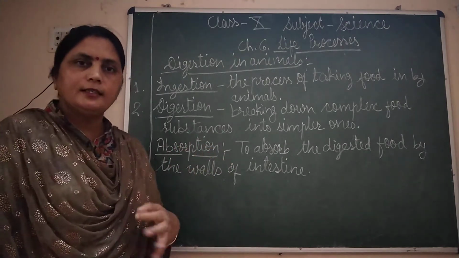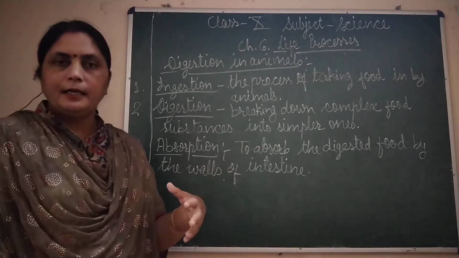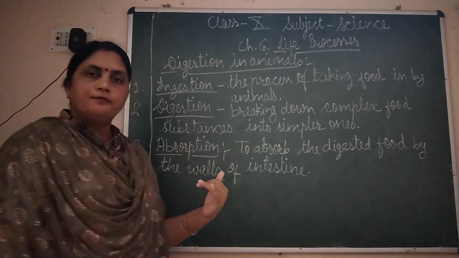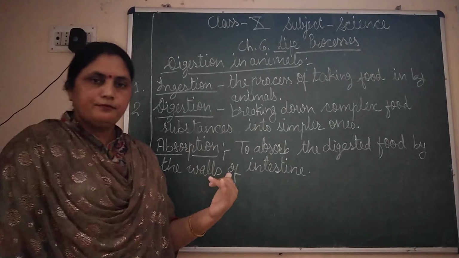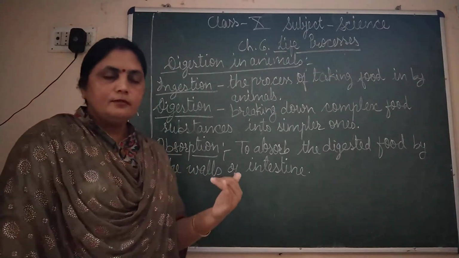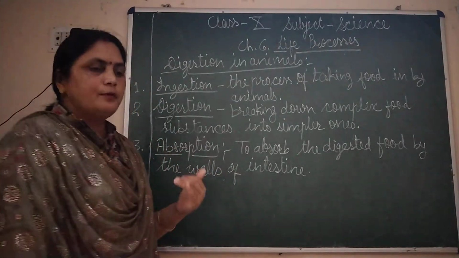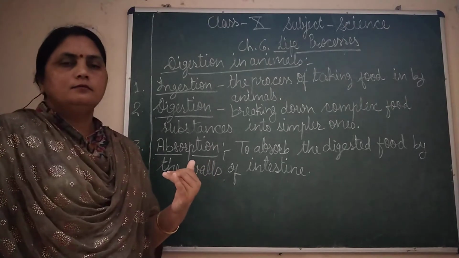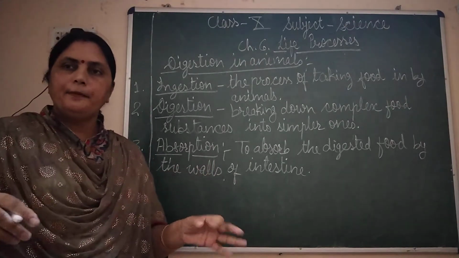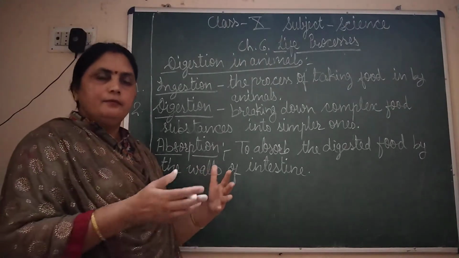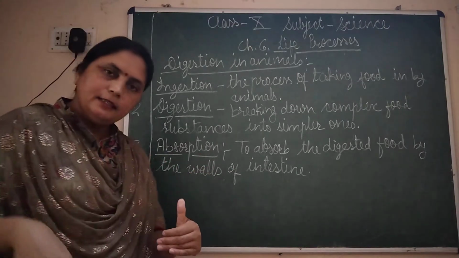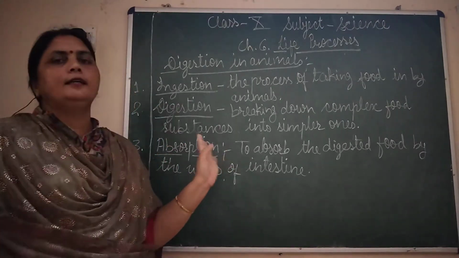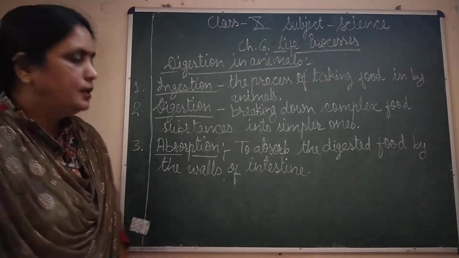Inside the small intestine there is a dense network of blood capillaries. So this digested food in the form of glucose will enter into blood capillaries, and with blood it will be circulated to each and every cell of the body.